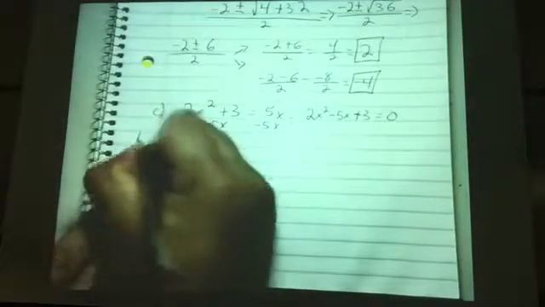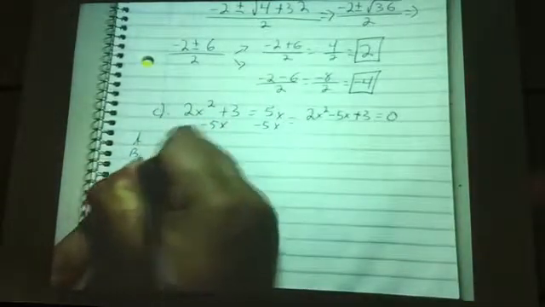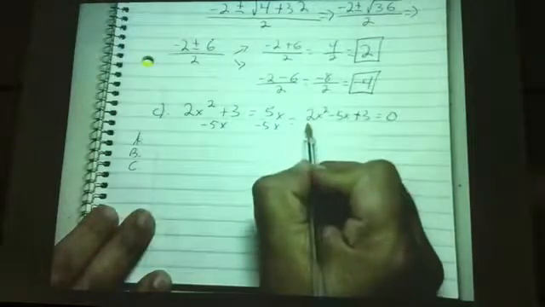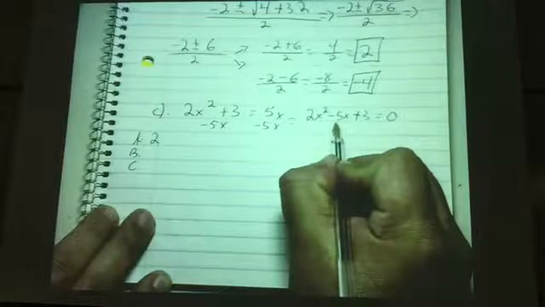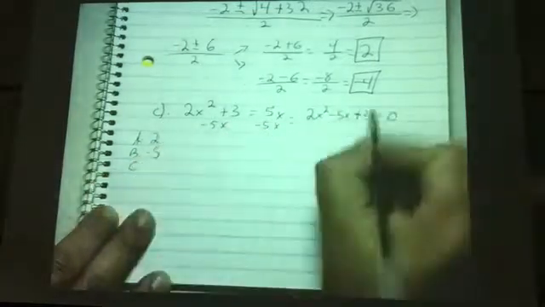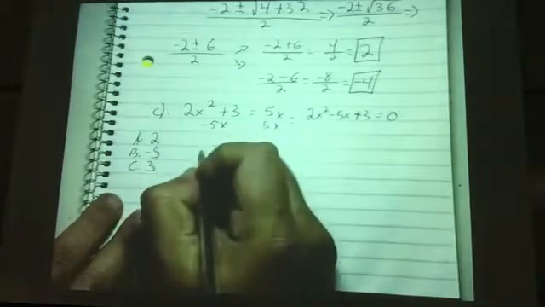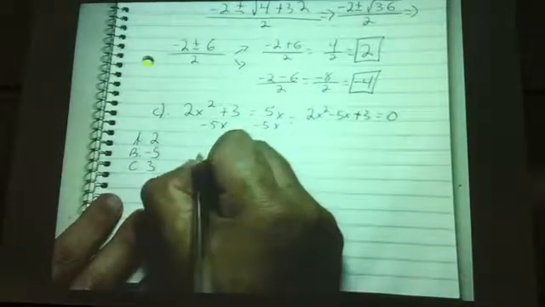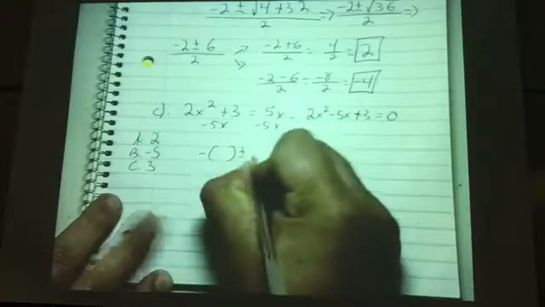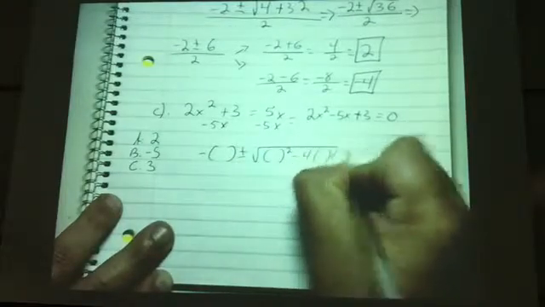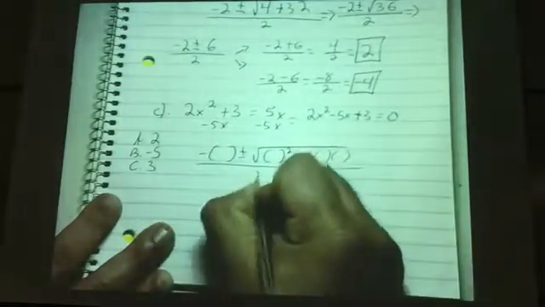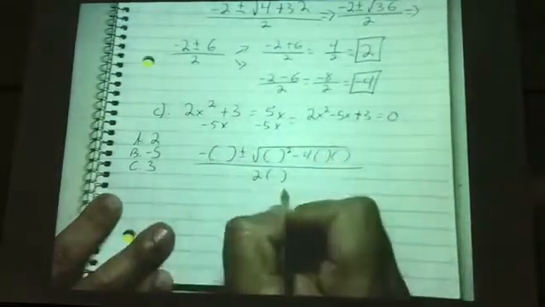Remember, you have your A, your B, and your C. A is 2. B is negative 5. And C is 3. Write your equation. Plug and play.